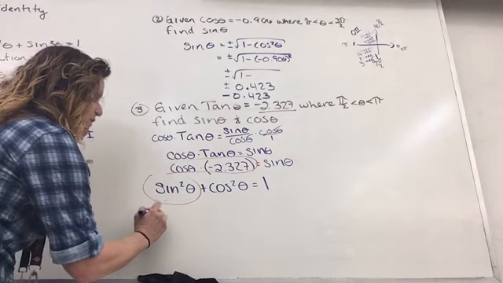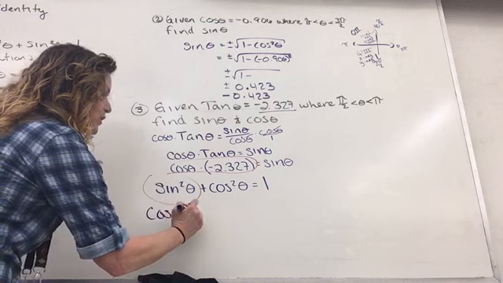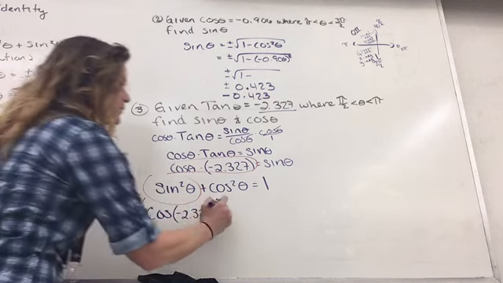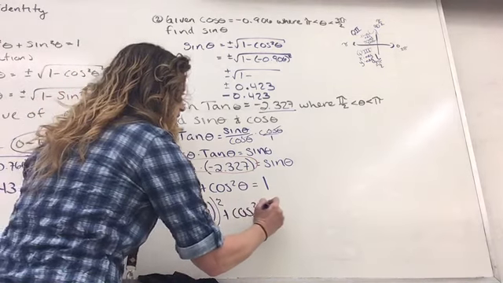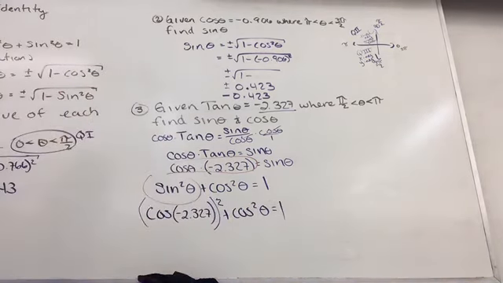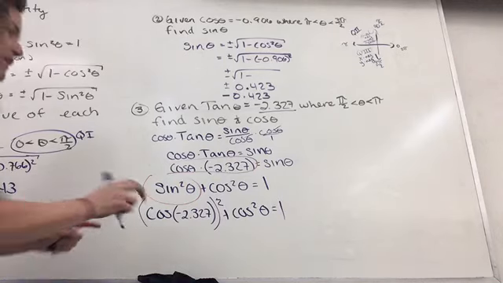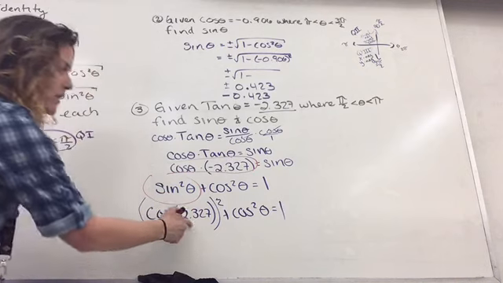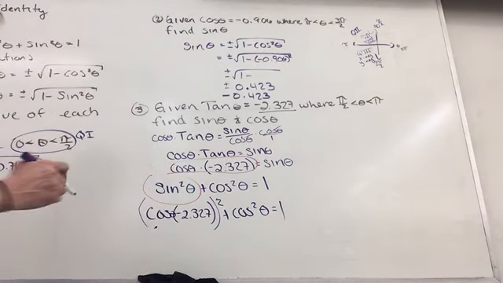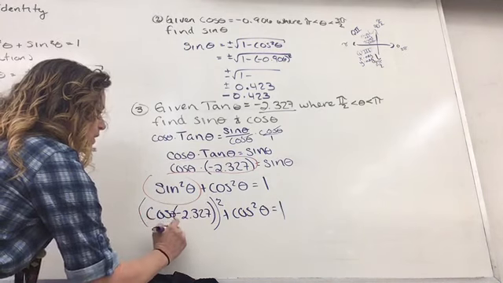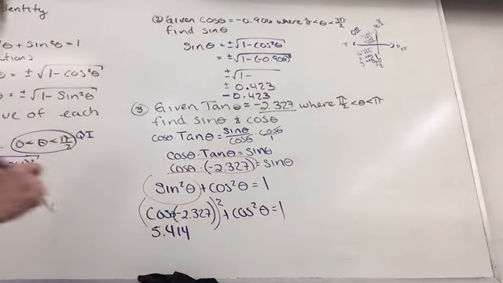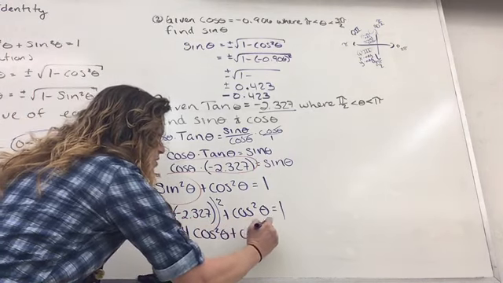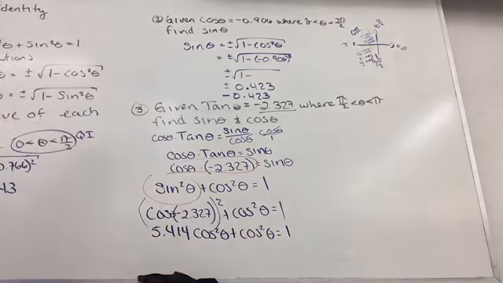We have the cosine times negative 2.327, this whole thing has to be squared, plus cosine squared theta equals 1. Okay? Now, we have to square both of these. Whoops, there's a theta in there. So when I square this number, it's going to become positive, and it is 5.414. And we have 5.414 cosine squared theta plus cosine squared theta equals 1.